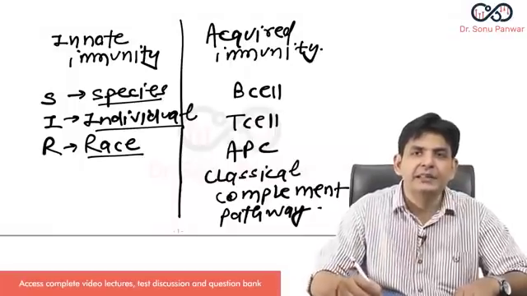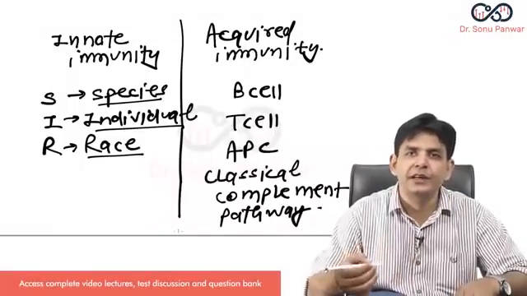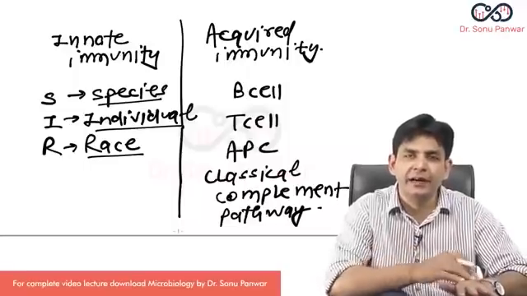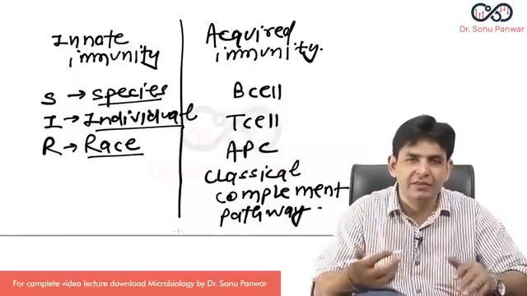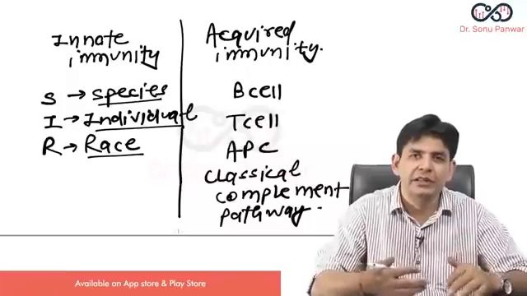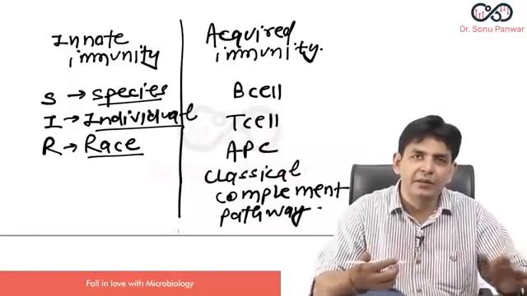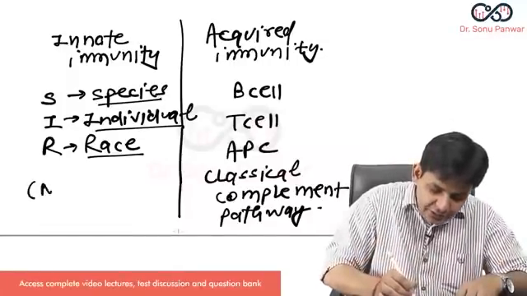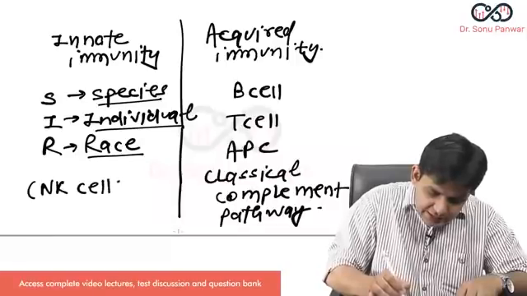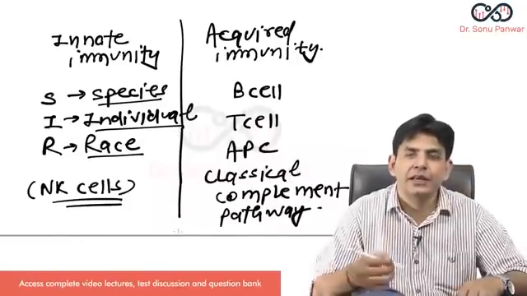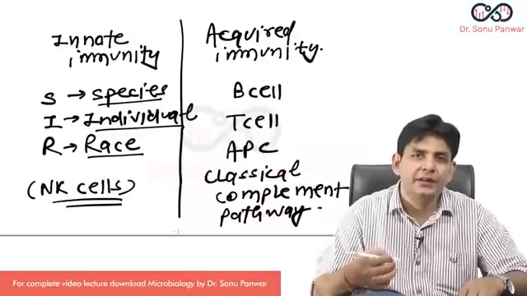So remember, except these four, everything is a part of innate immunity. Right from your skin, right from your various secretions, everything is a part of innate immunity. And the question of All India was NK cells, they are part of innate immunity.